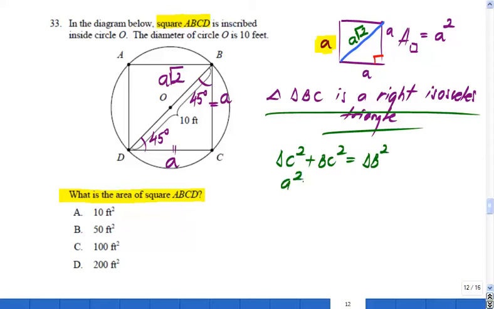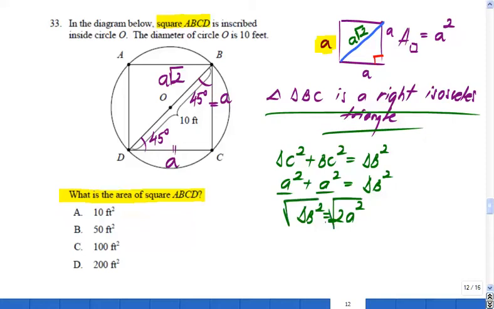But DC squared is A squared, BC squared is A squared, and that equals DB squared, just trying to show you why that is A square root 2. Well, because DB squared will equal what? 1A squared plus 1A squared is going to be 2A squared.